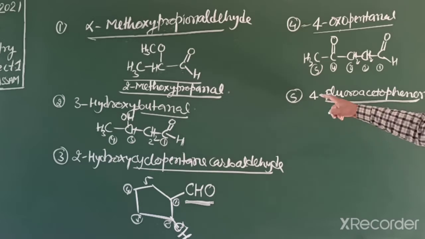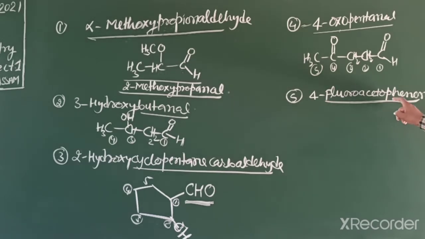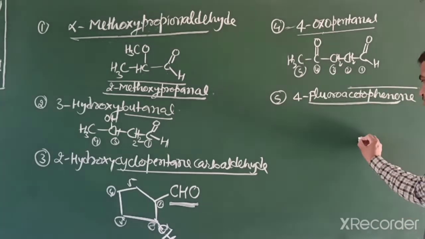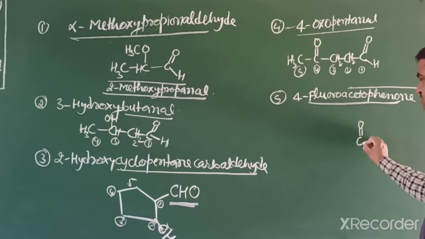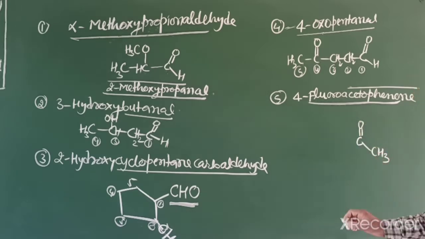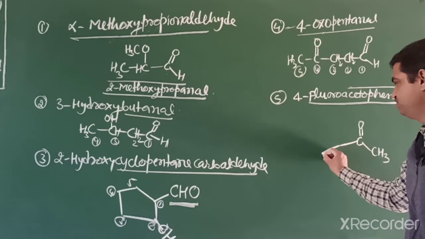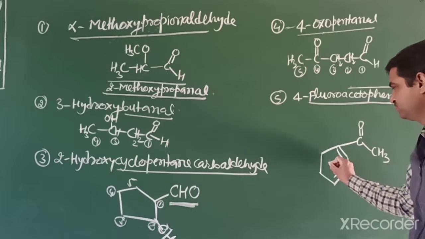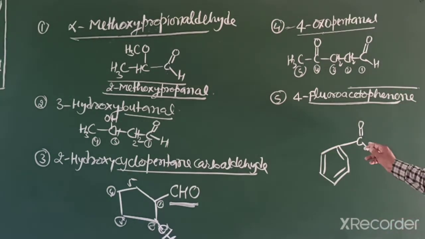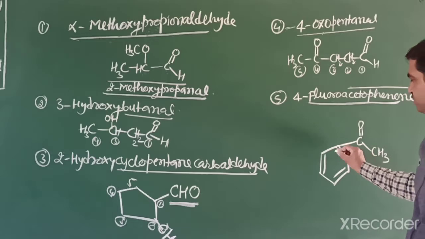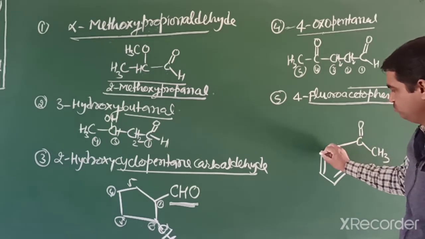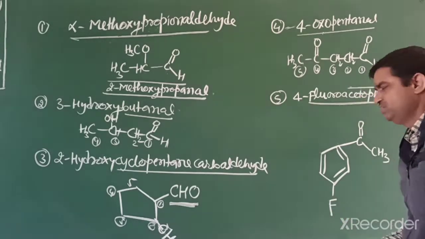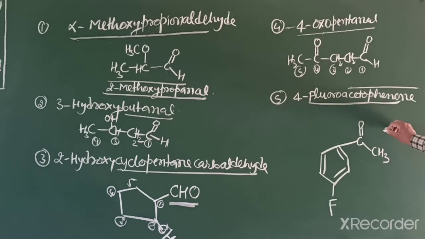5th one, 4-fluoroacetophenone. This is again a common name, acetophenone. Acetophenone, first we write acid, this is acid, and this one is phenone. Acetophenone, but it's 4-fluoro. So we can write here 1, 2, 3, 4 means para position we can write a fluorine. 4-fluoroacetophenone.